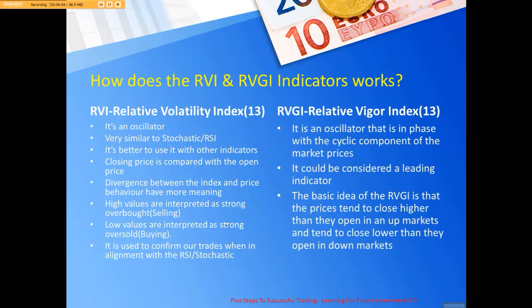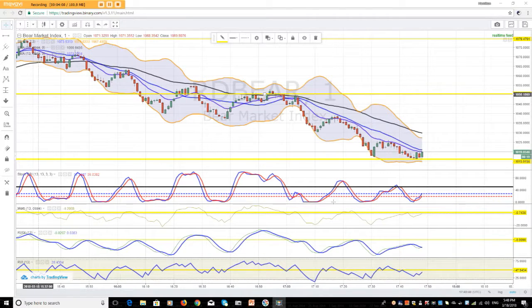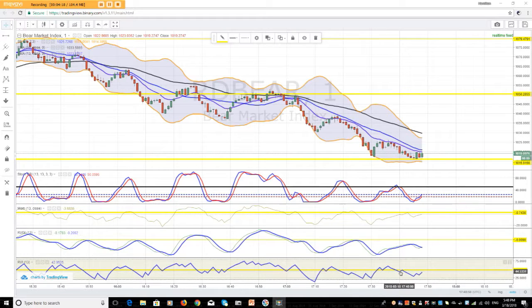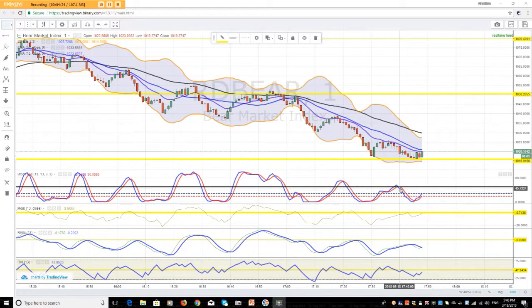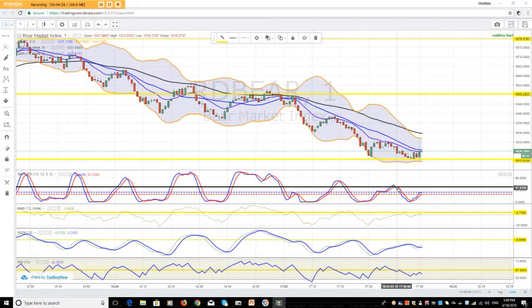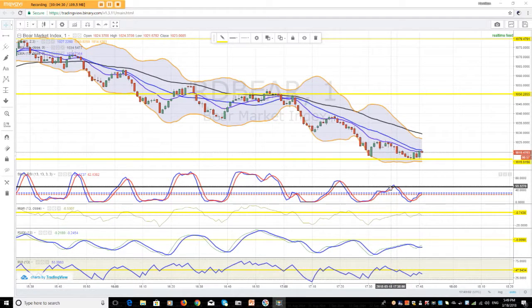Okay, so let's explain a bit further, guys. Now as you can see, the relative volatility index was below the 50 mark. The RSI stochastic was also below. This is when it breaks this 50 mark, and that's the reason why I took the trade.